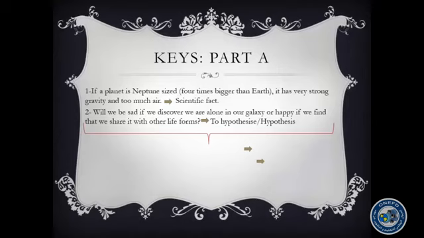So as you can see, both sentences express condition, or they are if conditional sentences. So I repeat, both sentences express condition, but the first sentence talks about a scientific fact, whereas sentence 2 talks about a hypothesis.